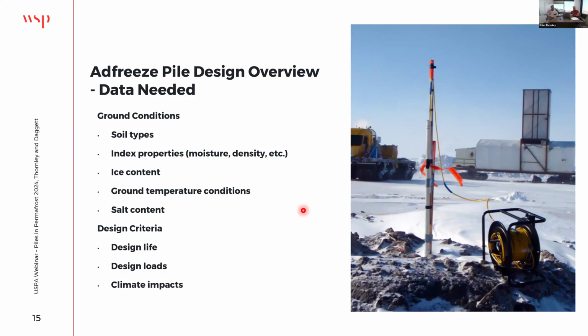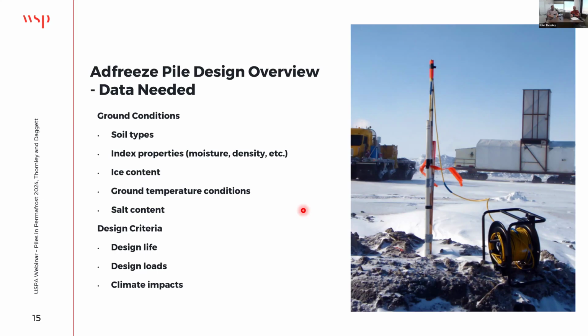So when we start our adfreeze pile design, there's a number of things that we need to understand. The things that we've already talked about a little bit before, but the other one would be the ground conditions. In the previous webinar, we discussed the exploration and how we would collect this.